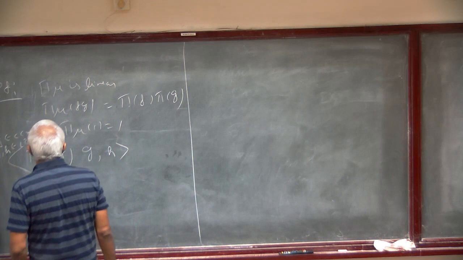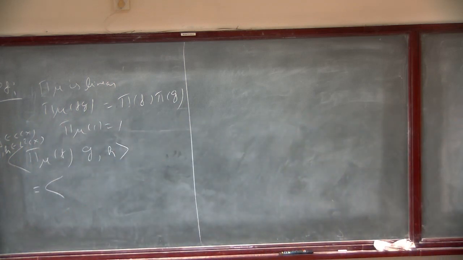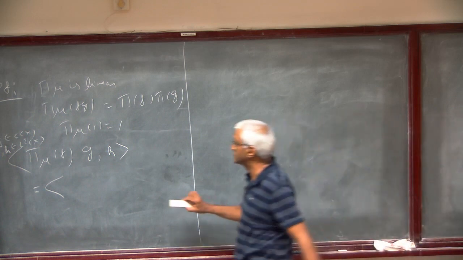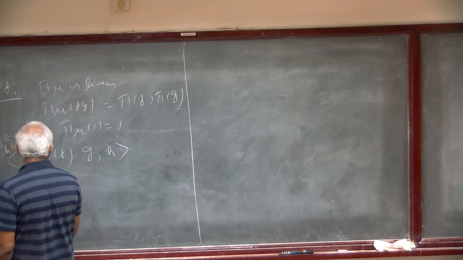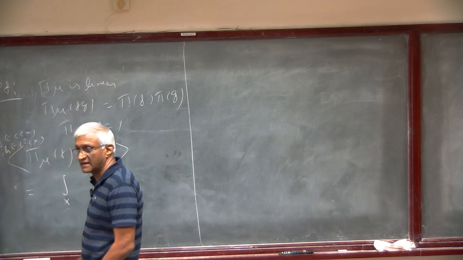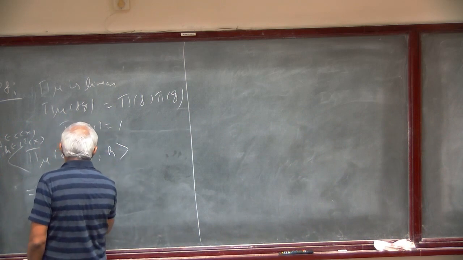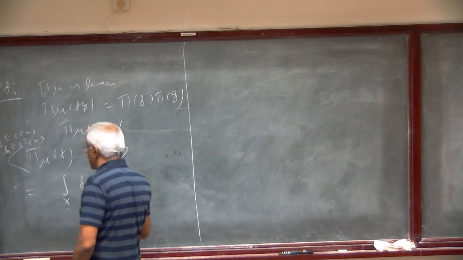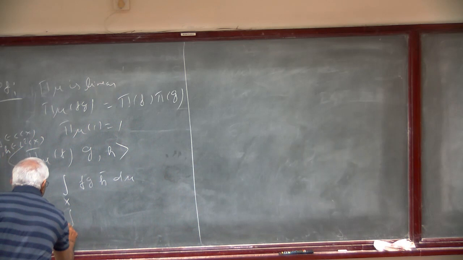Now this is equal to, I just write the inner product explicitly. This is the L² inner product. So this is going to be the integral of f g h-bar, right? This is the inner product.